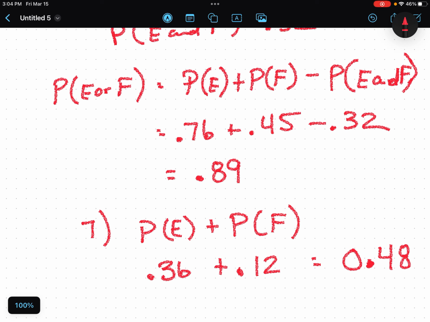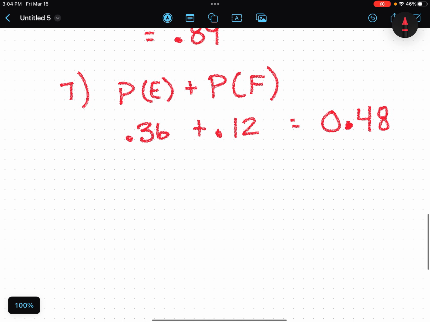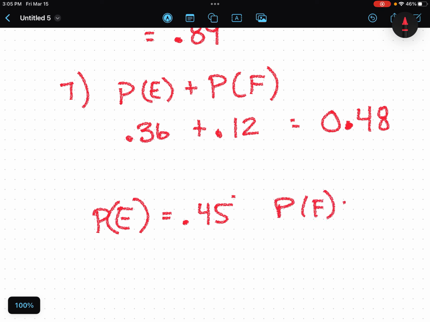On number 8, it says suppose E and F are independent. Now, it gives us that P of E is equal to 0.45 and P of F is equal to 0.2.